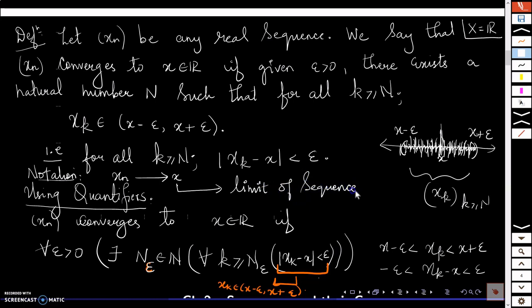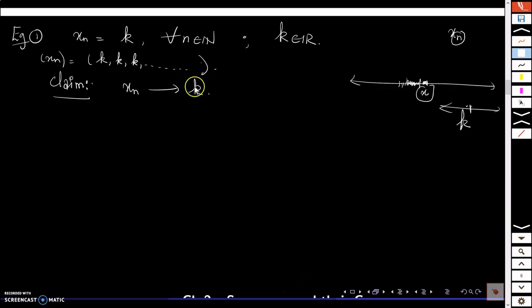It is also denoted as, another way of writing this, limit n tending to infinity of the sequence xn is equal to x. This is another way of denoting the same thing. Clear? So what we have to show is xn converges to the point k.